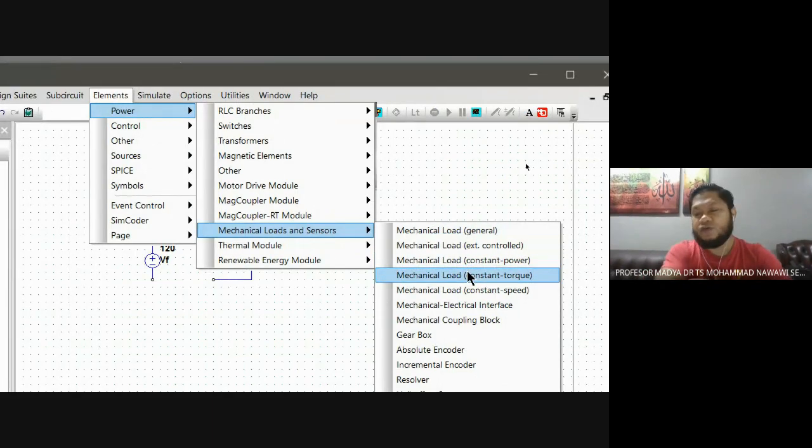There are a few selections that you need to have. One is a mechanical load of constant torque. You also have a constant power. So when we talk about constant power, this is the operation beyond the rated voltage. Remember, we can increase and reduce the terminal or armature voltage, isn't it? But this motor also has its own maximum rating.